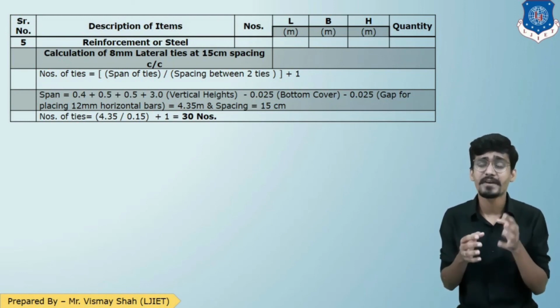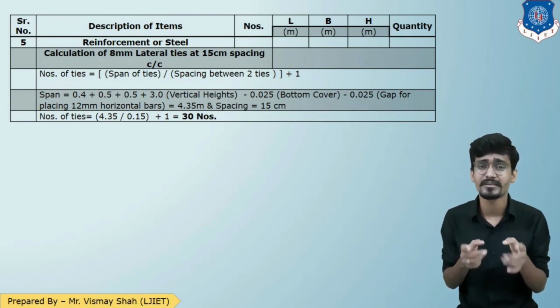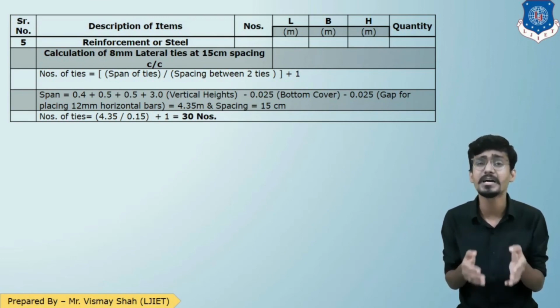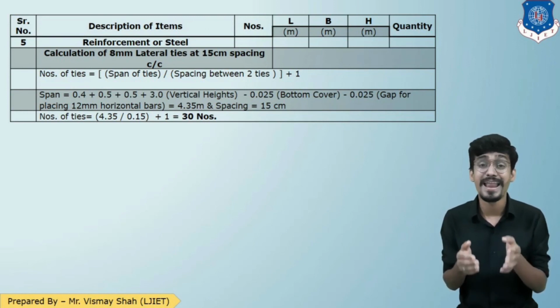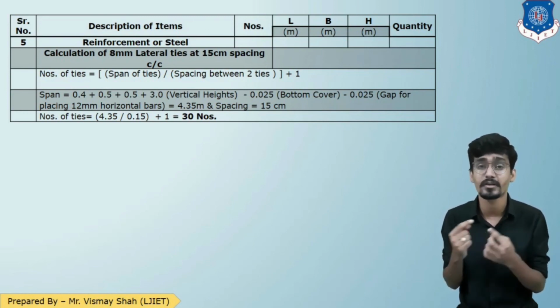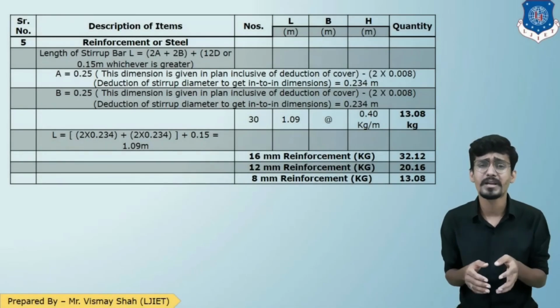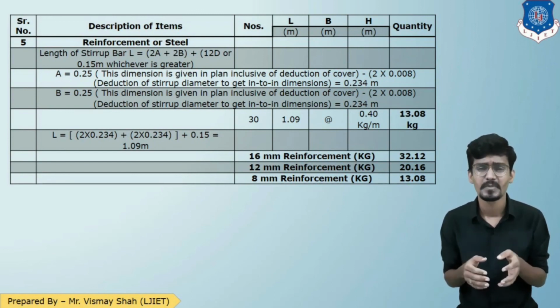Students, as we have already discussed in the previous session, for a beam the terminology is stirrup, for a column it is lateral ties, but ultimately both are the same. Now let us calculate the length of this stirrup or lateral tie. So we know the formula: 2a plus 2b plus 12d or 0.15, whichever is greater.